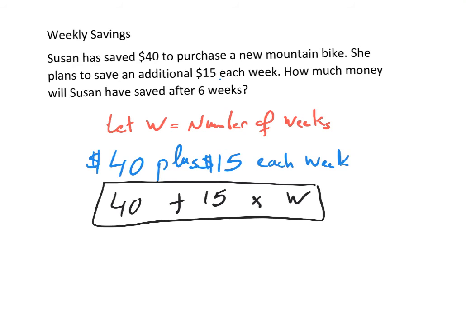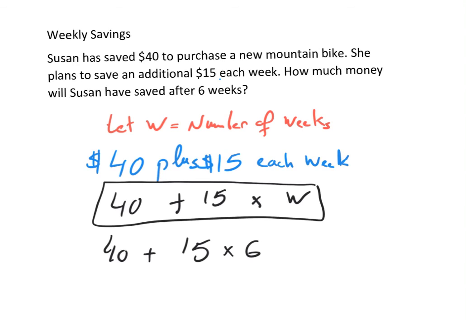So how much money will Susan have saved after 6 weeks, right? So we're going to substitute W with 6 here, right? It's going to be 15 times 6.